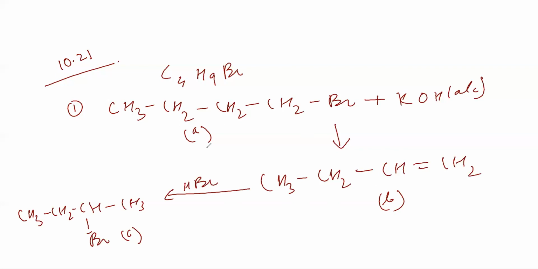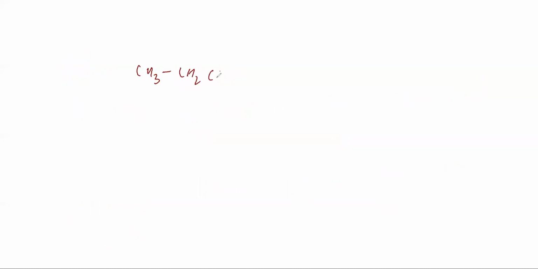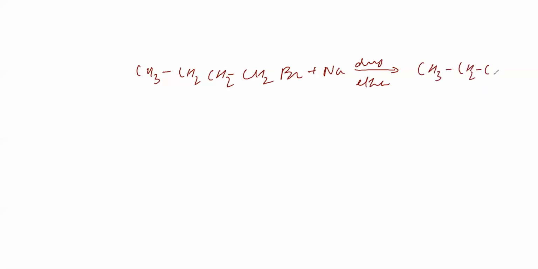So this A, CH3CH2CH2CH2Br, if I treat with sodium and follow Wurtz reaction, I should get CH3CH2CH2CH2CH2CH2CH2CH3. But the product should be different.